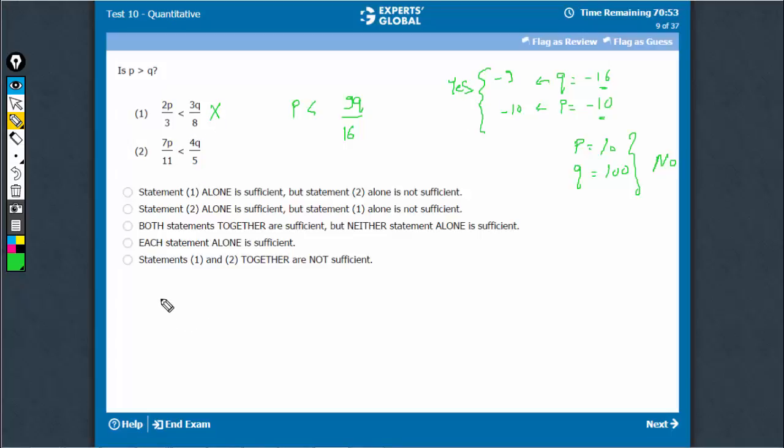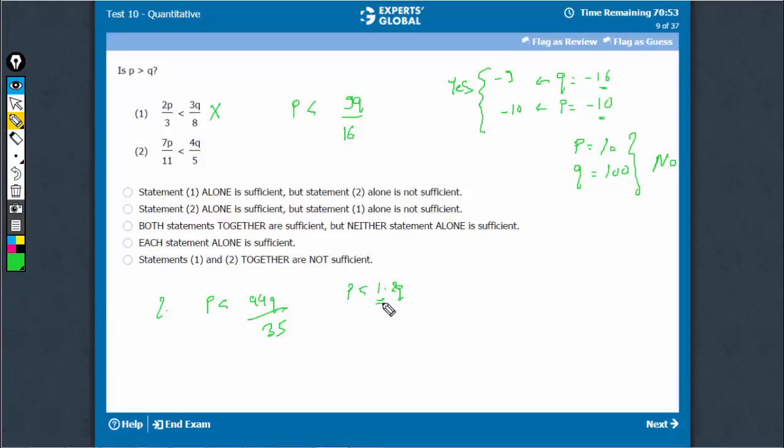Come to statement 2. Statement 2 can be simplified to P is less than 44Q upon 35. Now see, 44 upon 35 means approximately 1.2 times. So roughly it can be written as P is less than 1.2Q. Now see, Q is greater than P when it is multiplied by 1.2.